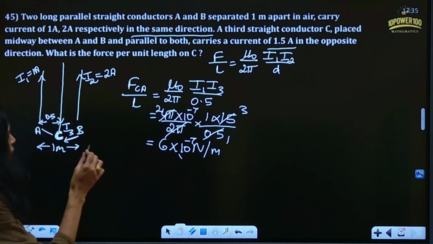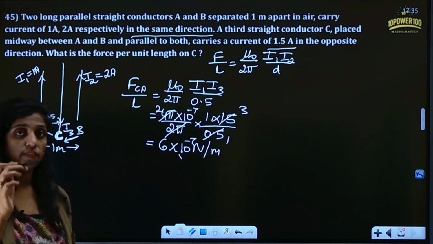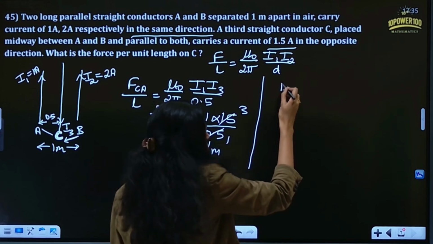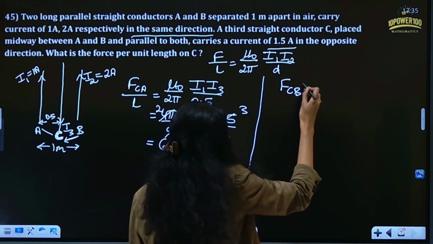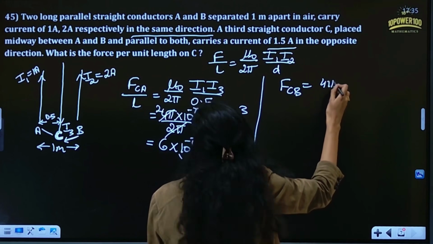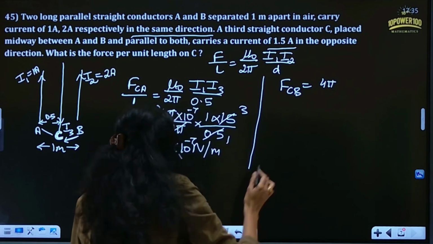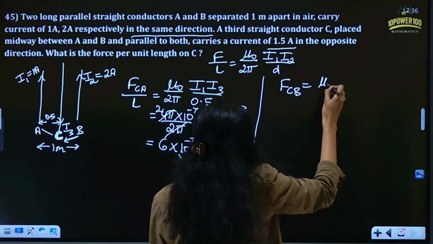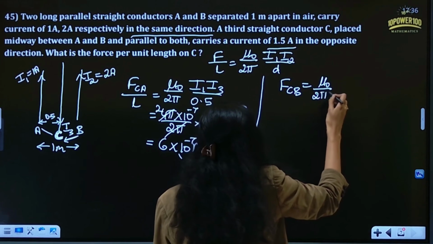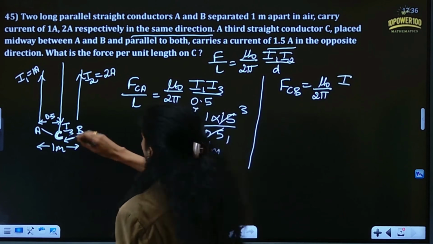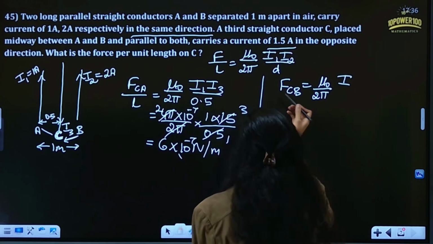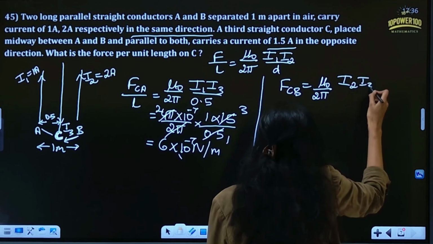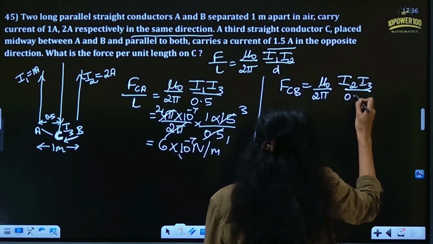Similarly, let us solve what is the force acting on C due to B now. You can just take the similar method. Force acting on C due to B can be written as mu naught by 2 pi. C is I3 and B is I2, so I2 into I3 and the distance between them we'll take as 0.5.